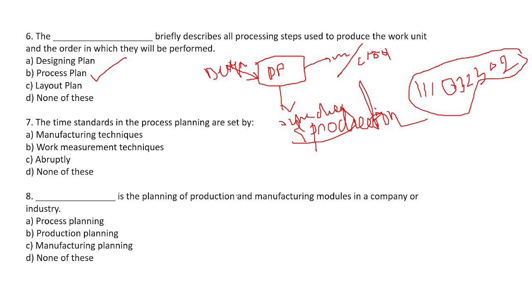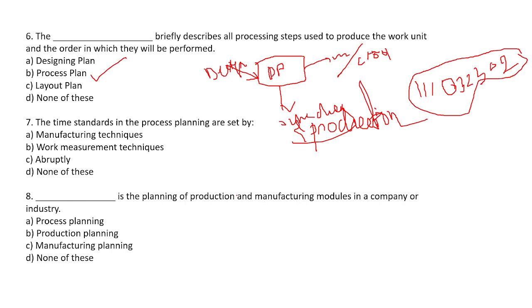They are used to estimate the time required to complete a work unit, to plan production schedules, and to monitor or improve the efficiency of the production process. Time standards in process planning are typically set using work measurement techniques only. Work measurement techniques are used to establish the time required to perform a specific task based on the analysis of various factors such as motion, method, and time.